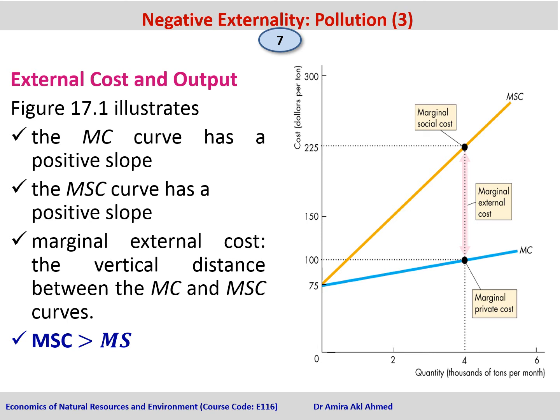The figure shows the relationship between the quantity of chemical produced and the cost of the pollution it creates. However, it doesn't tell us how much pollution the chemical industry creates. In other words, the figure doesn't inform us about the quantity of pollution produced.